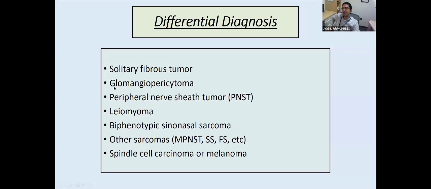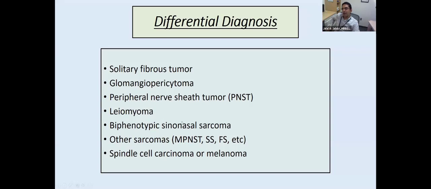Obviously, with these branching vessels, you should think about solitary fibrous tumor, which can occur in this location. Glomangiopericytoma is another unique lesion that can affect this particular site in the sinuses. Peripheral nerve sheath tumors are frequent in the head and neck. Leiomyoma can be a possibility.